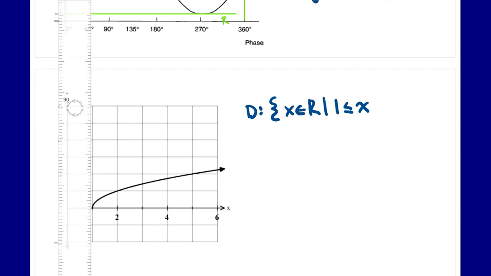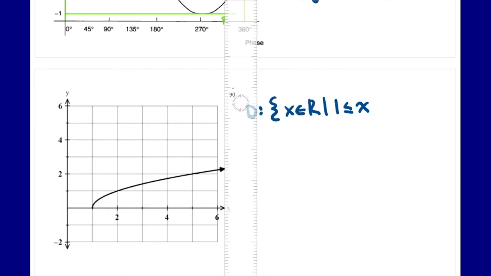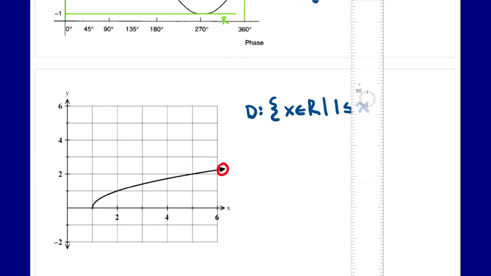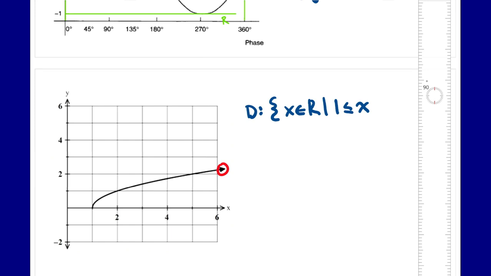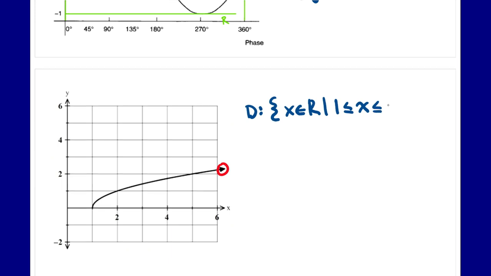Now we need to think about what our high value is. So if we come in from the other side, we see that, oh, okay, well, there's an arrow here. So that means that it's going to continue on forever. So that means it's not actually ending here, it's ending infinitely somewhere down the line. So I could say that x has to be less than or equal to infinity. Doesn't really help us, right? It doesn't add any more specifics to this. So I'm just going to get rid of that part.